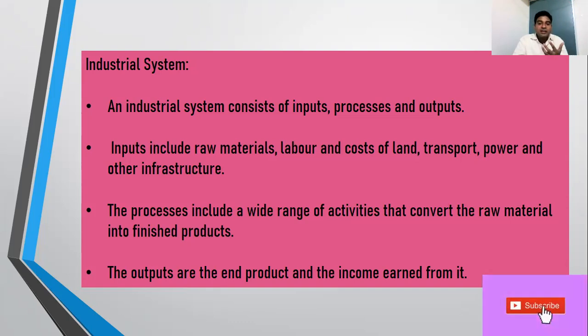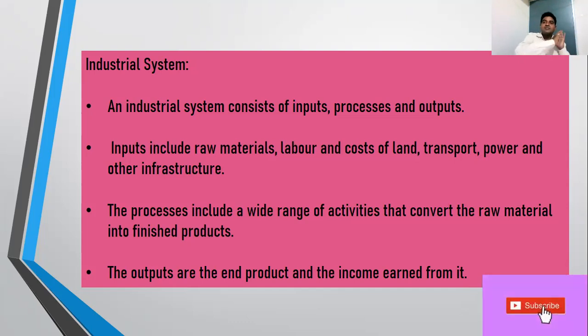What all comes under inputs? Raw materials, labor, cost of land, transport, power, and other infrastructure, setting up of an industry, everything comes under inputs. Once you get the raw materials, you put them for processing in the factory or in the industry. Then the wide range of activities that happen in the processes comes under the processing part, step 2.